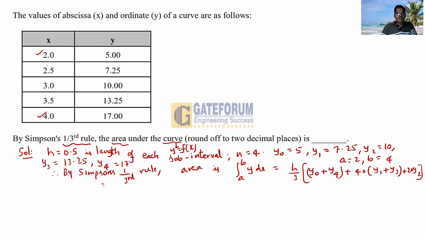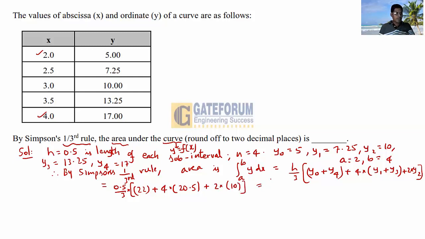Now this is equal to 0.5 divided by 3, or you can write 1 by 6, into y0 plus y4, that is 5 plus 17, 22, plus 4 times y1 plus y3, 7.25 plus 13.25, which is 20.5, plus 2 times y2, that is 10.